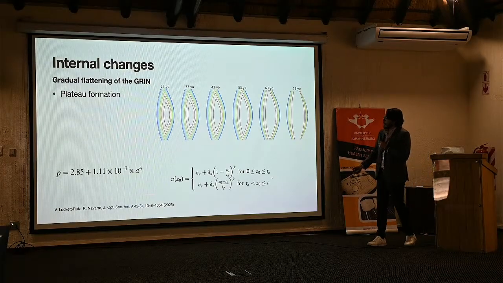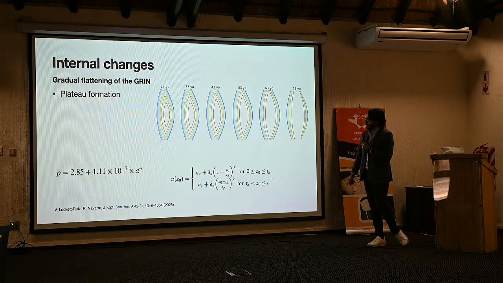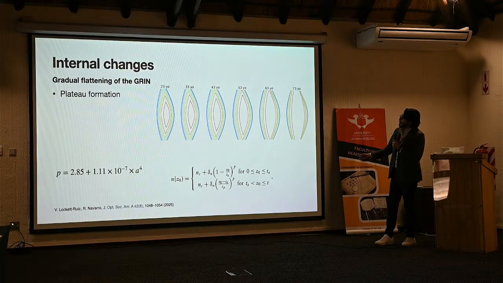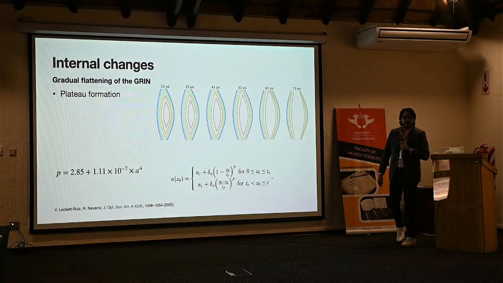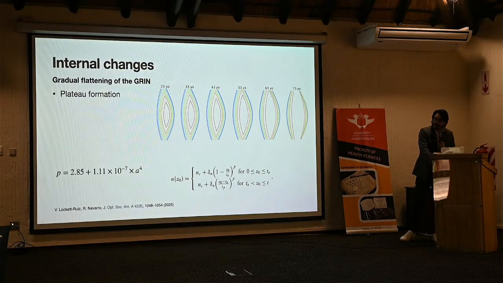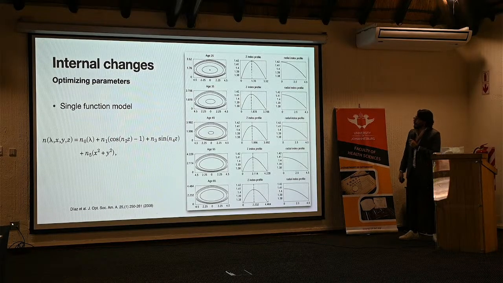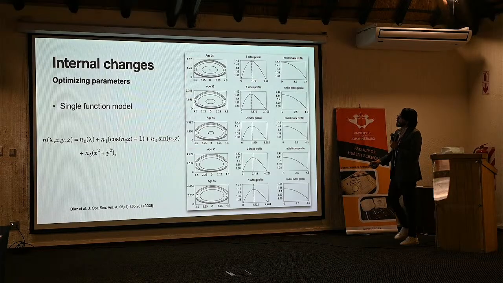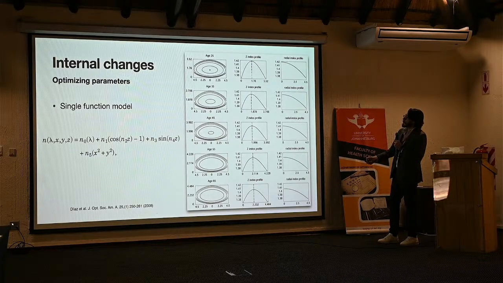Navarro and his colleagues have also worked on another model, the GRIN model, and they also use this coefficient but with different distributions. And here we see the Diaz model of 2008, which is a single function model.